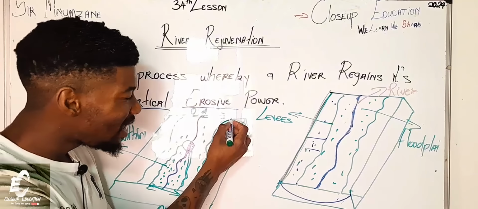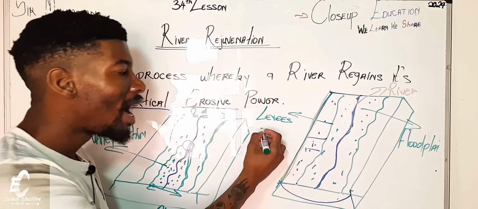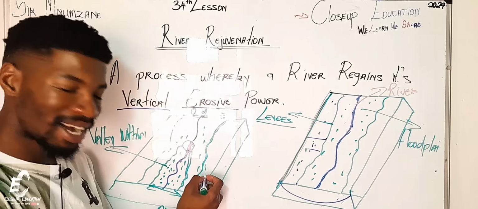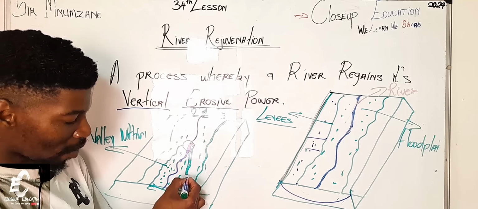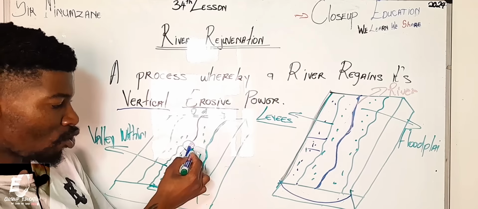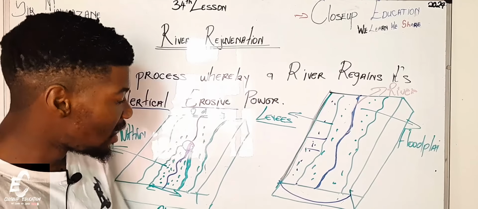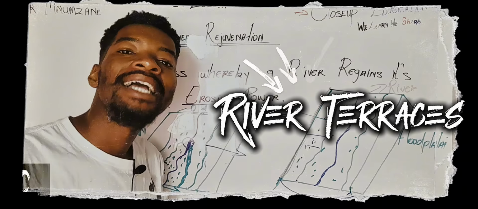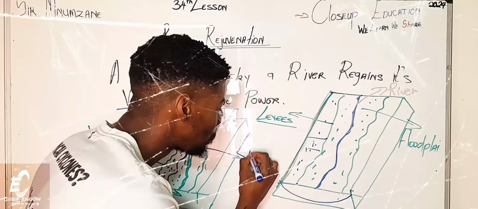And definitely here, this is no longer our levees, right? Because of our levees we can now be having a new levee here, right? This will now be what we call our river terraces, guys.